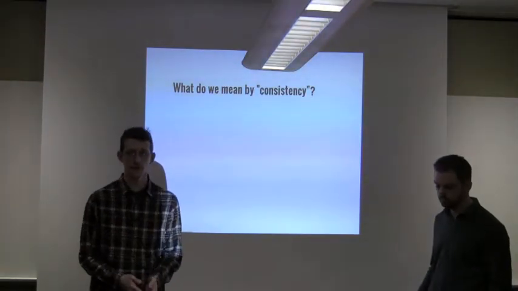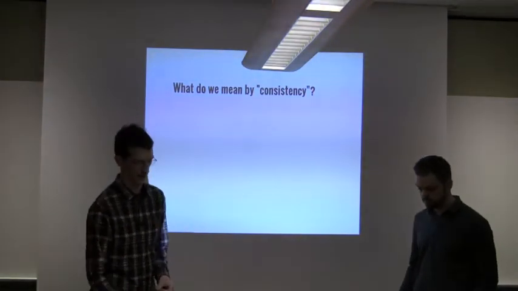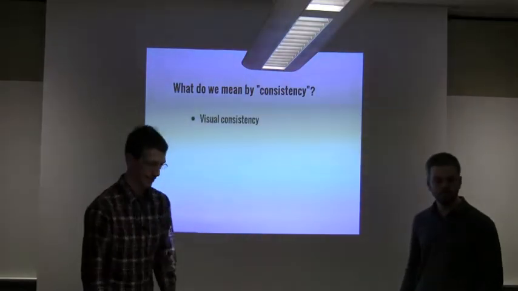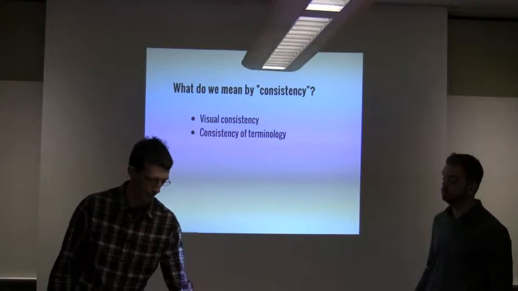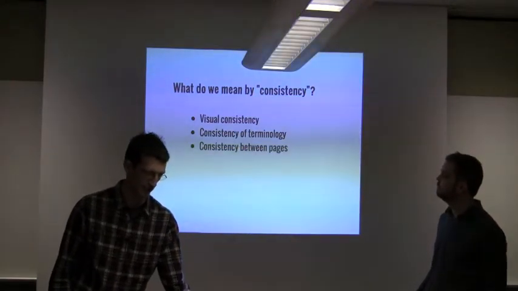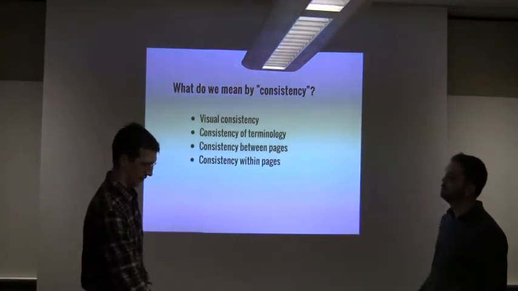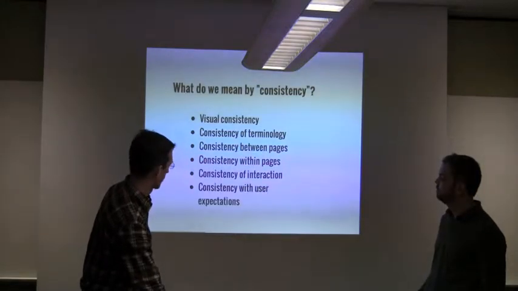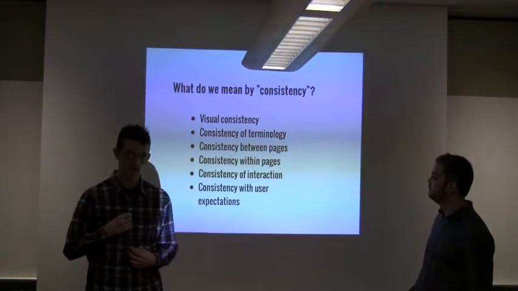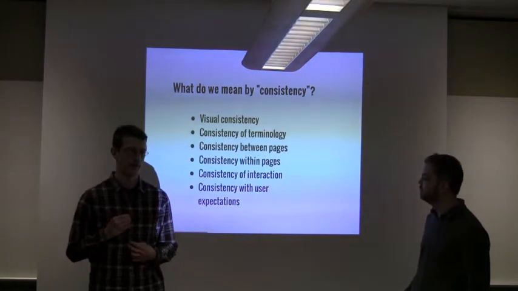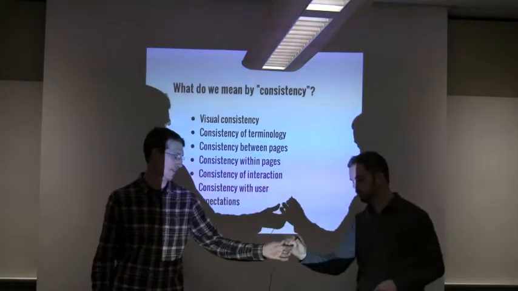So when we think about consistency, there are a lot of different aspects. Visual consistency, consistency of terminology, different types of consistency across pages. The list kind of goes on and on. Interaction, consistency with user expectations. So there are a lot of things we need to be careful about. I'll let Ben go into that.